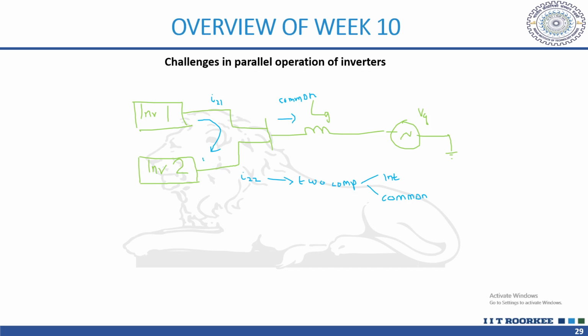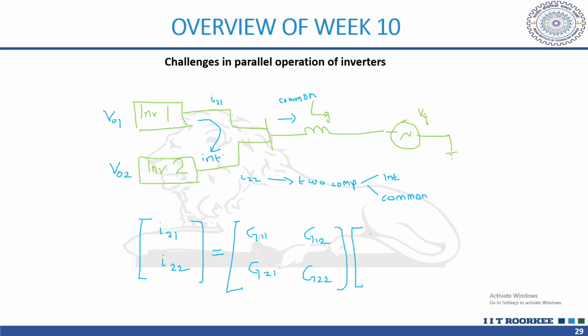So these interactive currents: let's say this is voltage source 1 and this is voltage source 2, then I21 and I22 will be some gain matrix times V01, V02.